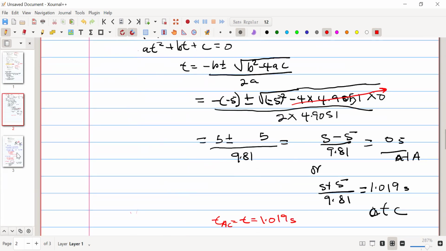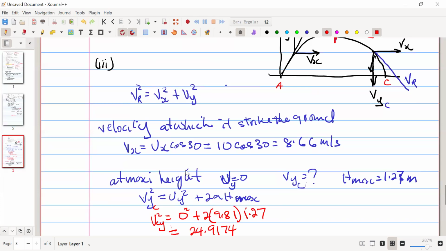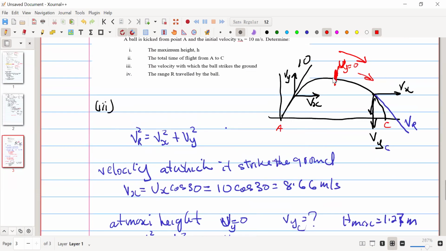This one here? Yes, sir. While you were talking, you said V in the horizontal, but right where you see at maximum height, Vy is equal to 0, and they go into that whole calculation of Vy.